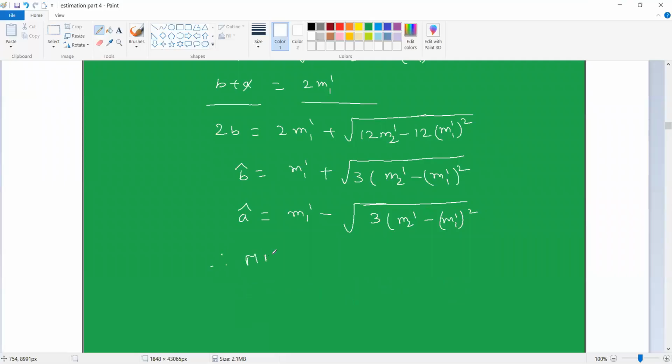Therefore, MME of B is equal to m1 dash plus square root of 3 into m2 dash minus m1 dash whole square.